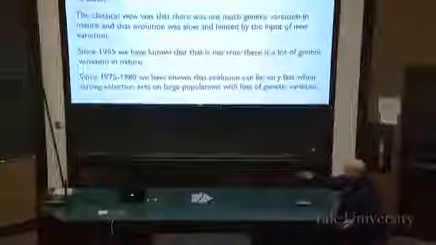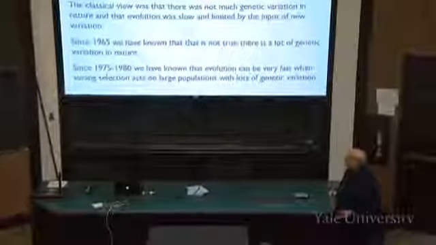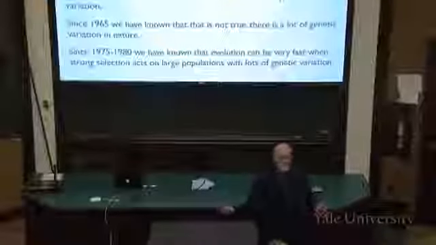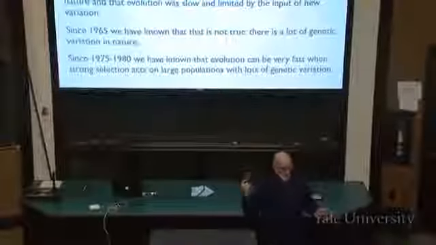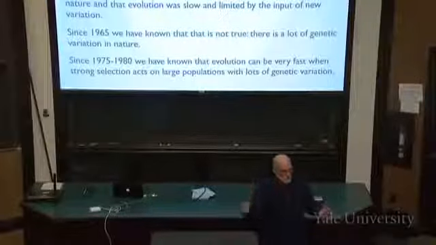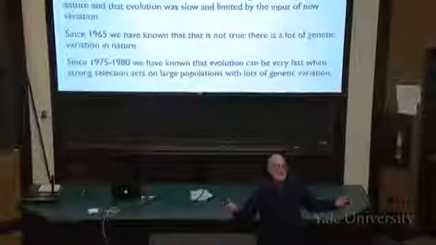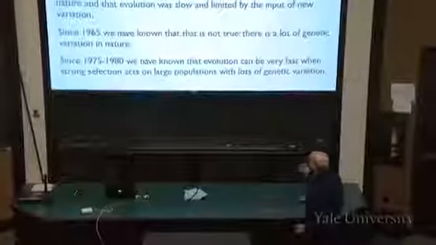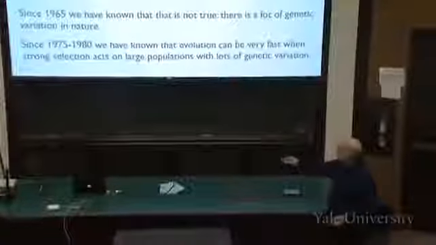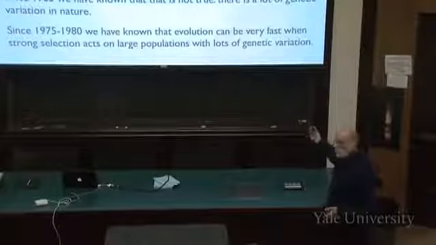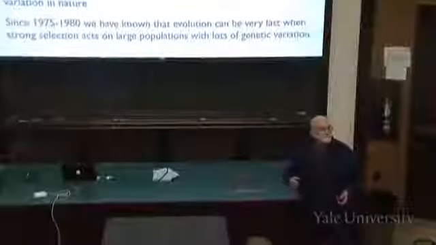So since about 1975, 1980, due to a series of studies, some of them on the Galapagos finches, some of them on the guppies in Trinidad, some of them on mosquito fish in Hawaii, some of them on the world's fish populations responding to being fished, we know that evolution can be very fast when there's strong selection acting on large populations that have lots of genetic variation.